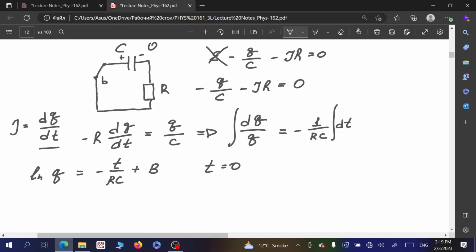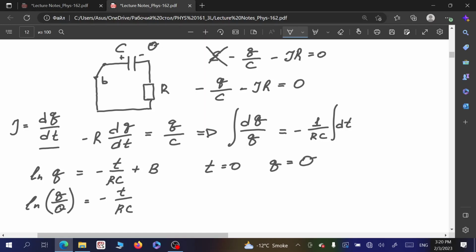We have the maximum electric charge, let's say this capital Q. So this small q is equal to capital Q. That is the maximum electric charge which was accumulated at this capacitor during the previous example when we had our switch in position A. So now we can take this into account. It will be the natural logarithm of q over capital Q equals minus t over RC.